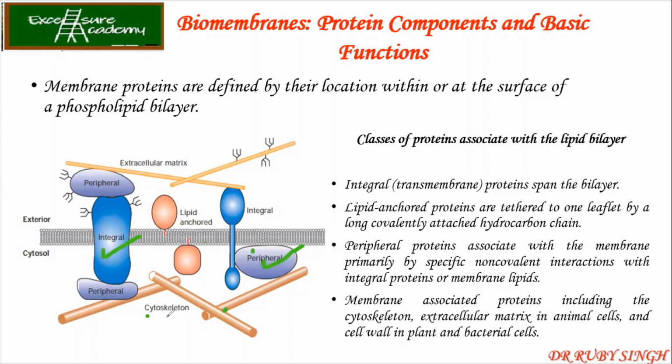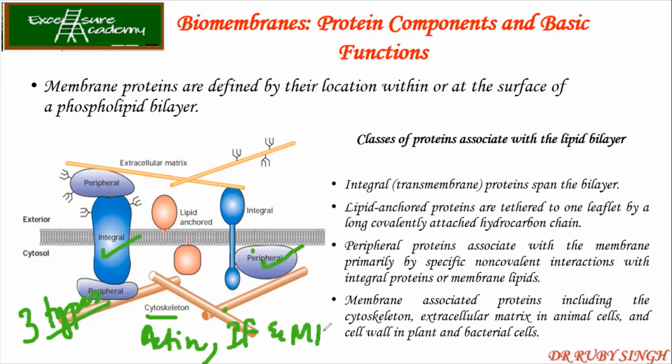What are the examples of cytoskeleton? There are three types of cytoskeleton proteins. What are those? Actin, intermediate filaments, and microtubules. Correct, very good.